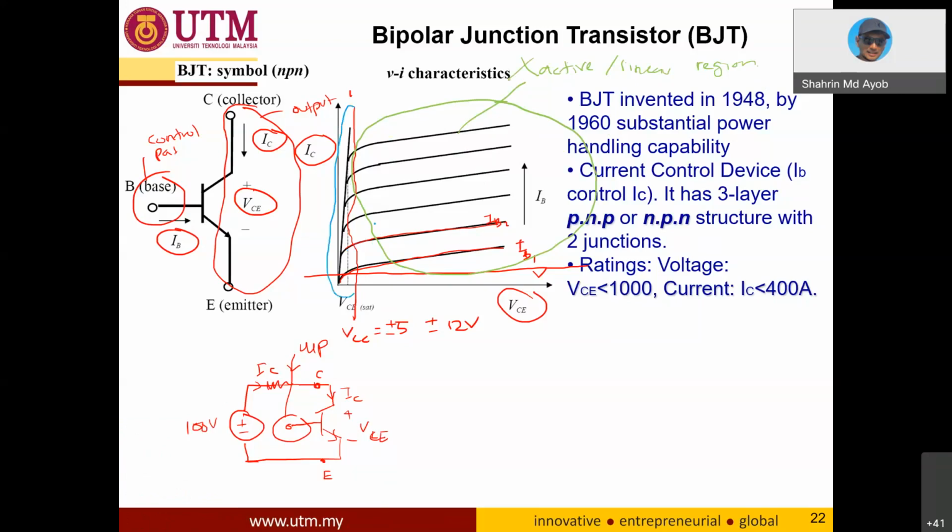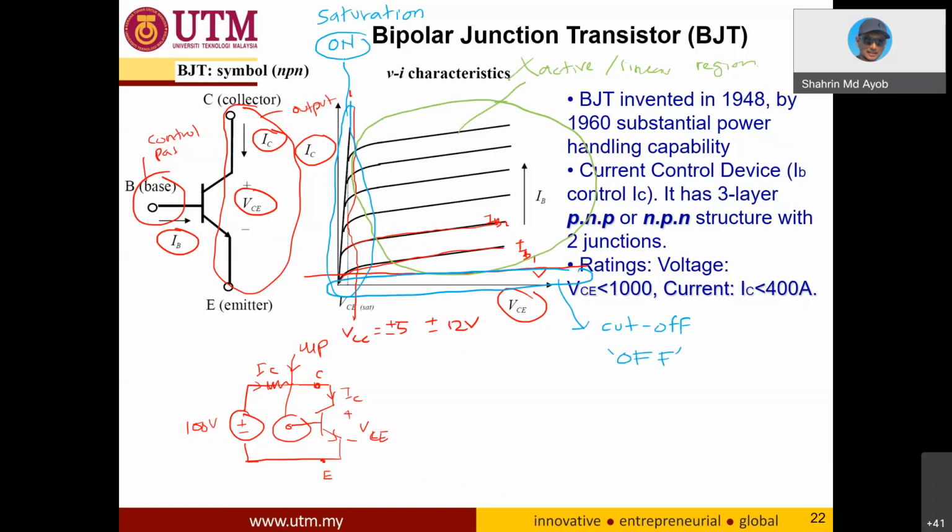This one is what we call the on or saturation region, meaning that the transistor is on, and the second region here is what we call the cut off region, which is the off state.